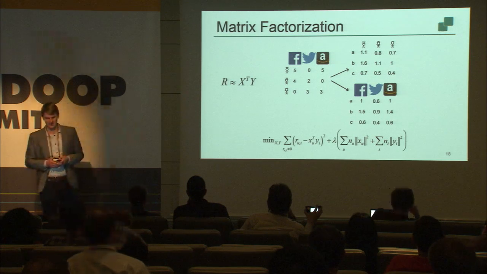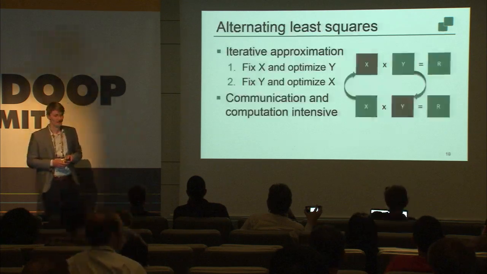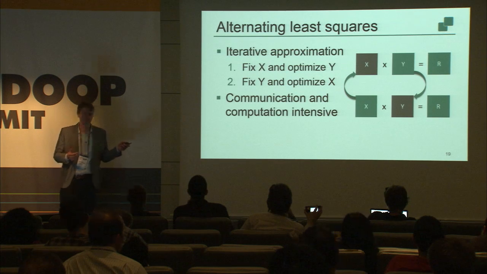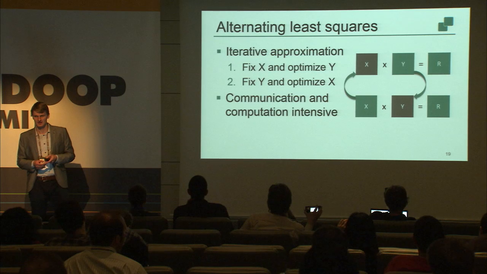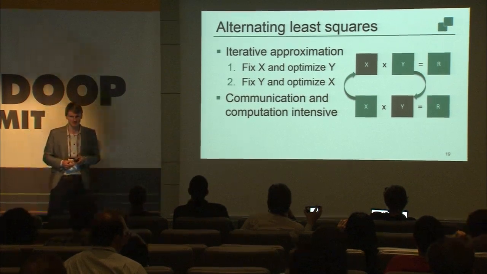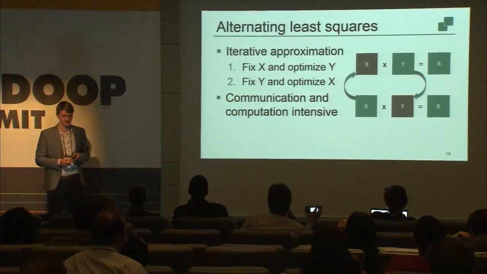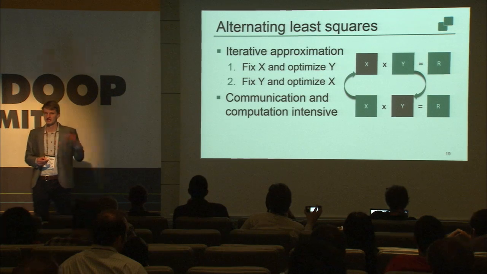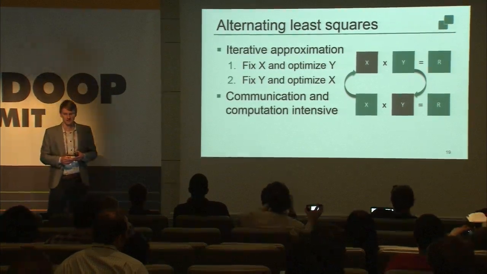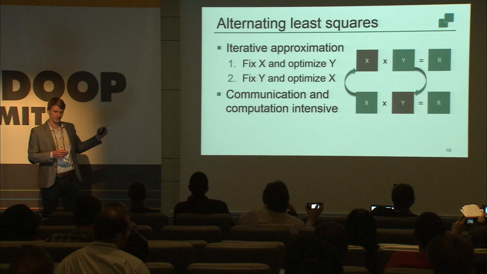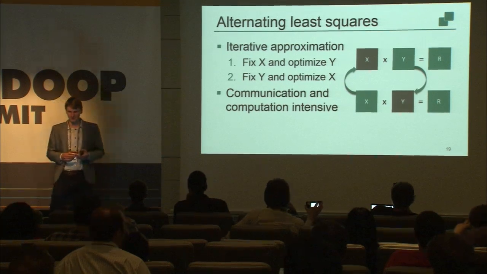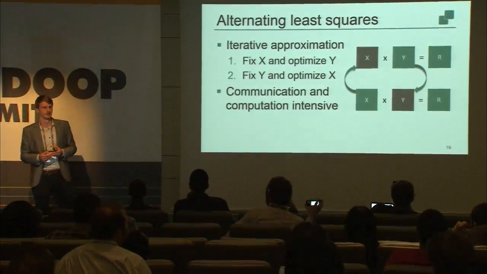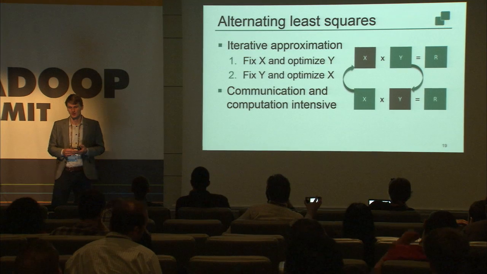Well, how can we do that? Of course, we can use something like stochastic gradient descent. But here I want to show you a different approach, which is called alternating least squares. The general idea of alternating least squares is that by fixing one matrix, we basically get a quadratic form which we know how to optimally solve.